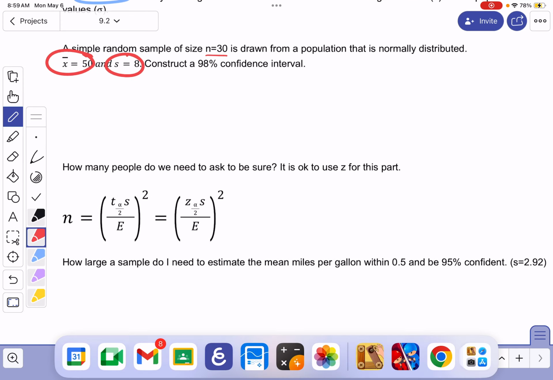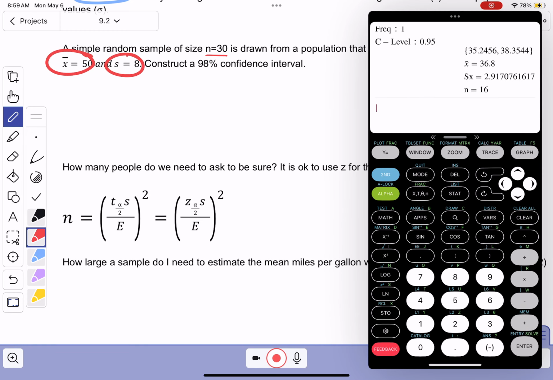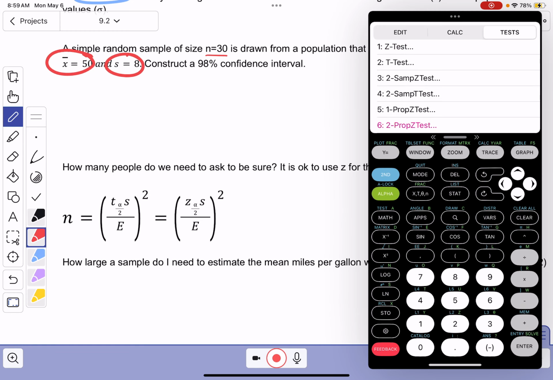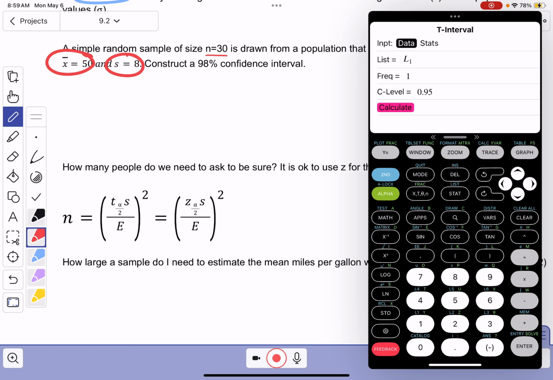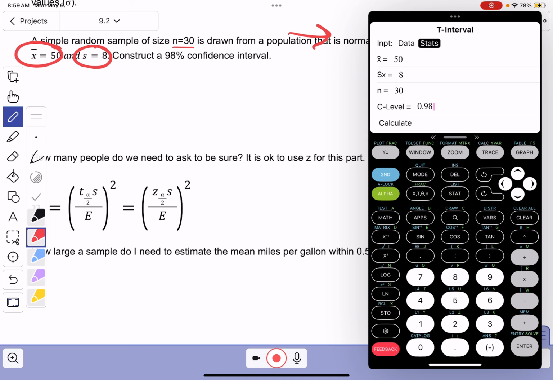So we're still going to go to our t-interval. So stat, arrow over to tests, choose number 8, the t-interval. But this time at the top, we're going to choose stats and hit enter. And now we know this information. So we have 50, we have 8 for our standard deviation, our n is 30, and we want to be 98% confident.